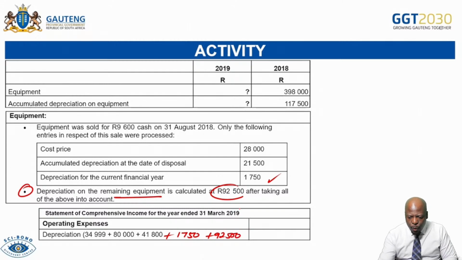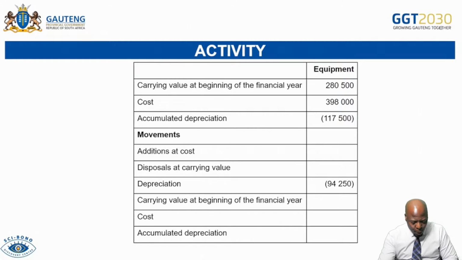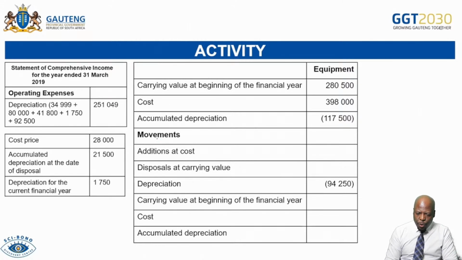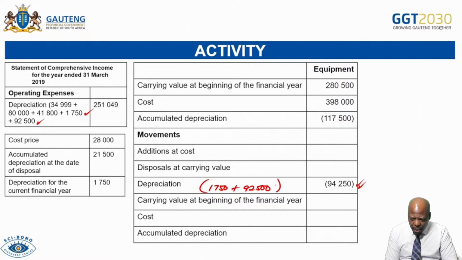And then we can bring this on to our note number 3. All right, so remember, this is equipment. These amounts are for equipment. Okay, so the depreciation was given already, which is your 92.5 plus your 1,750. That is how we get here. The 1,750 plus the 92.5. That is how we end up with the 94,250.